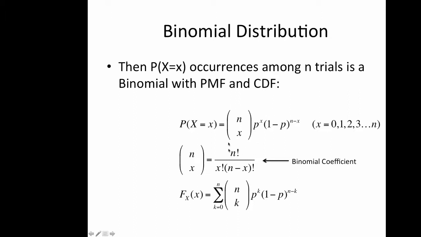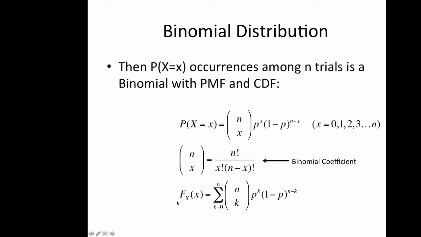This binomial coefficient is defined here. This is the textbook usage of it, and this is pretty consistent along different mathematical disciplines for the combination coefficient as well. The binomial coefficient is n factorial over x factorial times n minus x factorial. So this is the PMF of our binomial distribution.